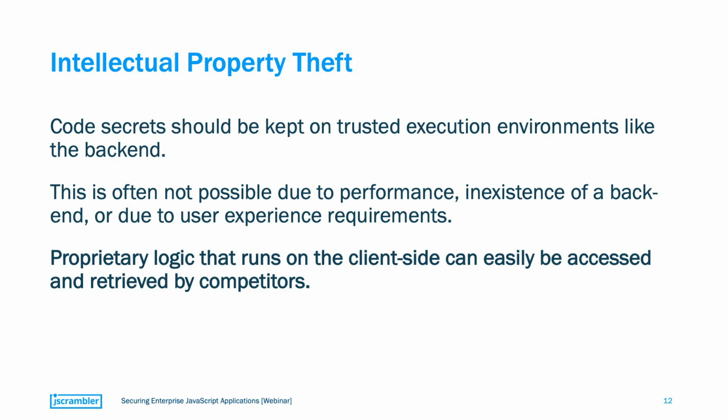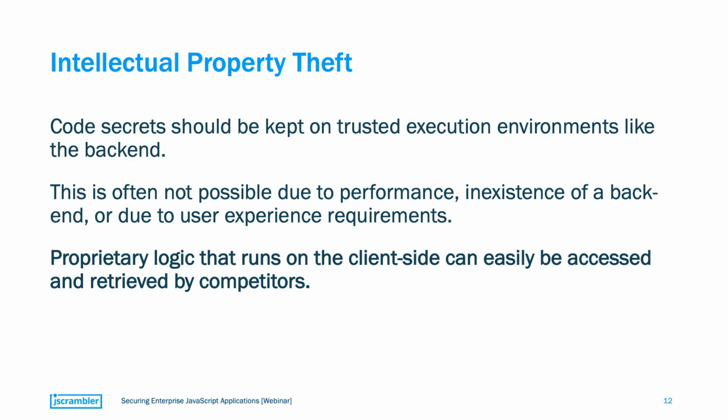The same reasoning leads us to the issue of intellectual property theft. While common knowledge dictates that the code secrets or sensitive code must be kept on trusted execution environments such as backend servers, much like what happens in streaming, some services have algorithms that must be executed in untrusted environments like the client side. This may happen because there's not a backend in the first place, as in the case of mobile applications.